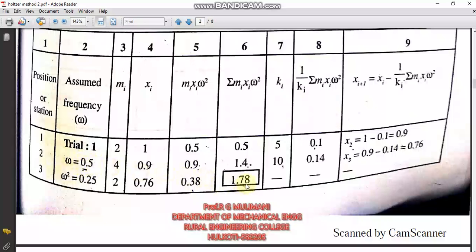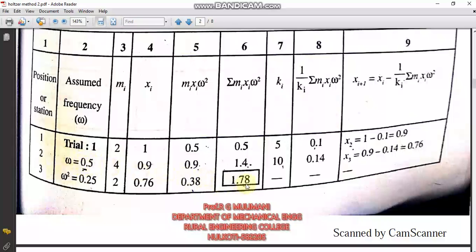You are only looking for two changes in the sign. For the first assumed frequency it is a positive value, so now you are expecting a negative inertia force. For this value also it is positive. For this value it is positive. For 1.25 it is a positive value.